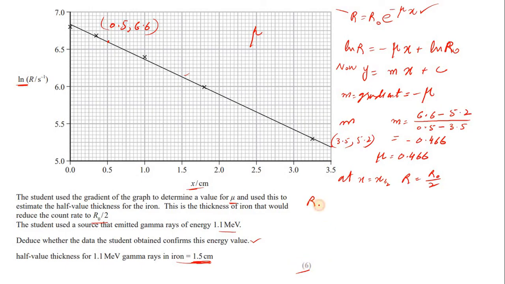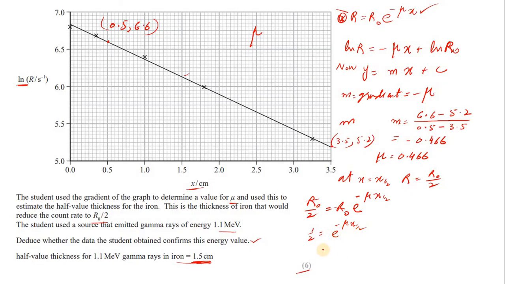So R naught upon 2 is equal to R naught e to the power minus mu, which we have found, minus 0.466, times x half. Now R naught cancels. You know that 1 upon 2 is equal to e to the power minus mu x half, and you take log.